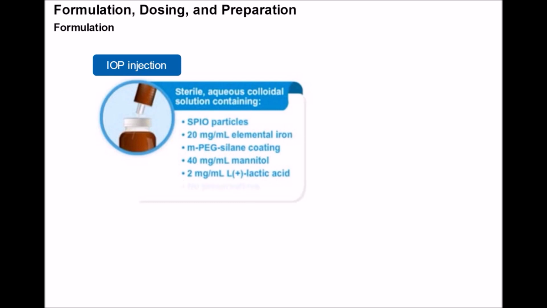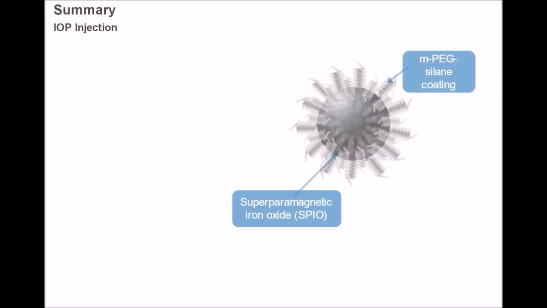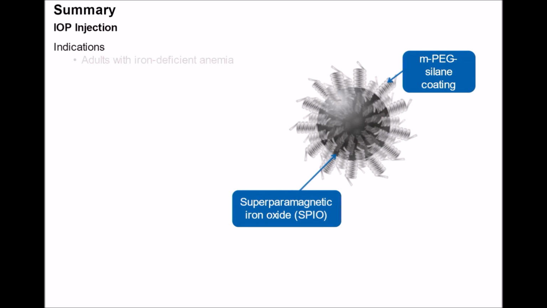It does not contain any preservatives. The formulation is isotonic with an osmolality of 260 to 340 milliosmoles per liter and a pH range of 5.5 to 7.5. IOP injection is indicated for adults with iron-deficient anemia and as an MRI contrast agent.